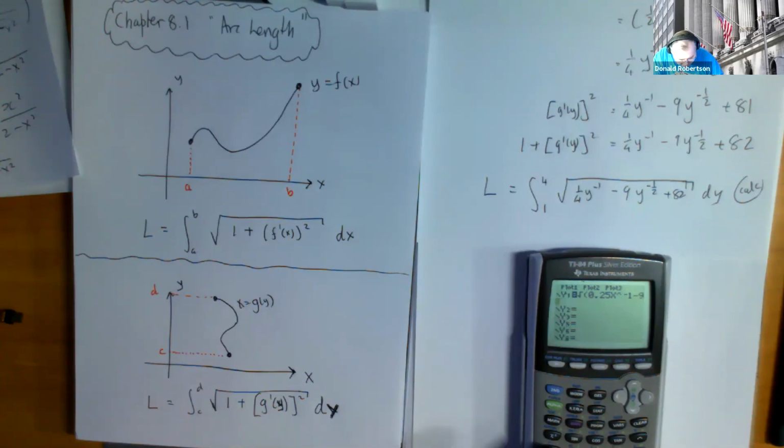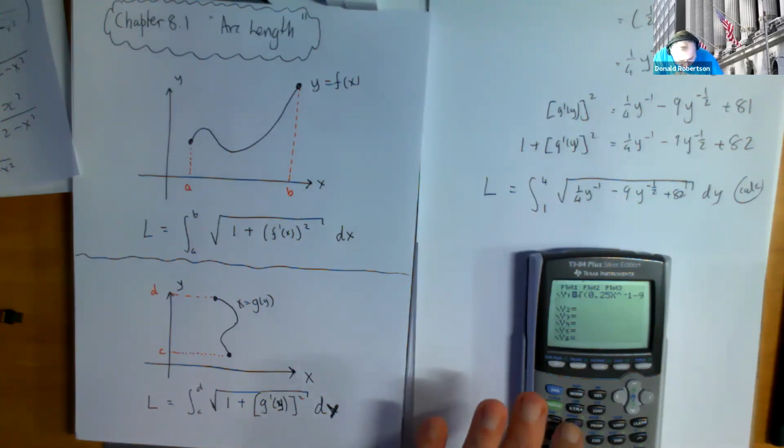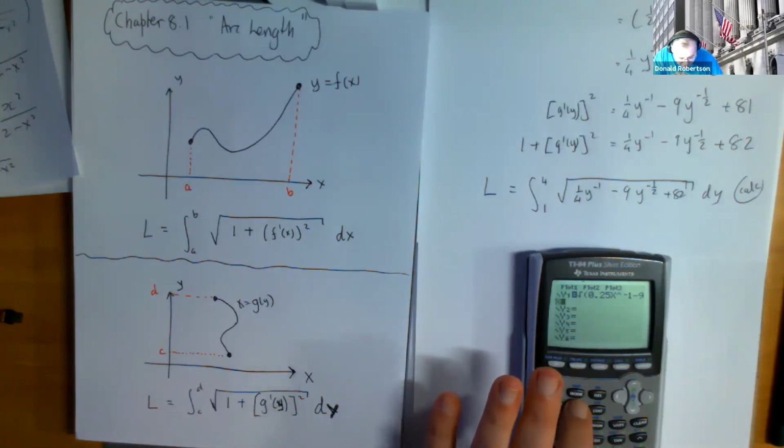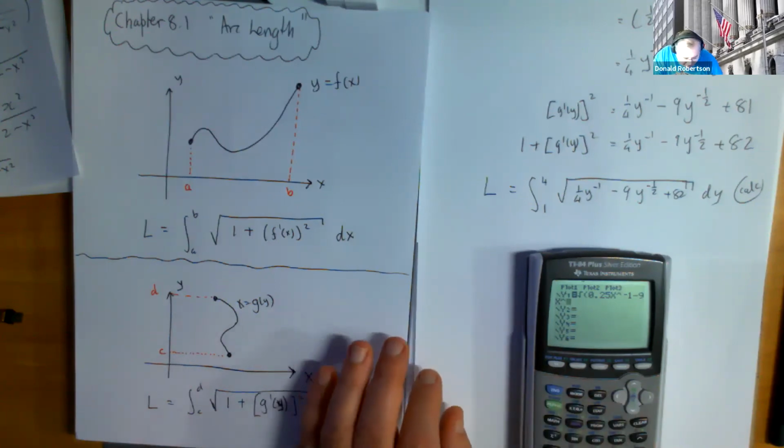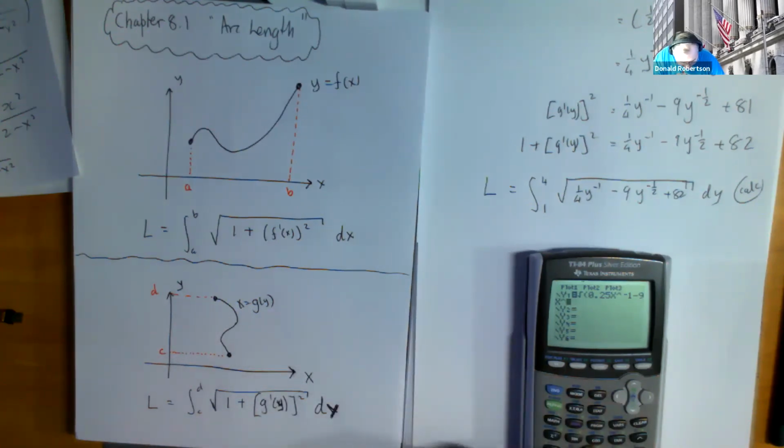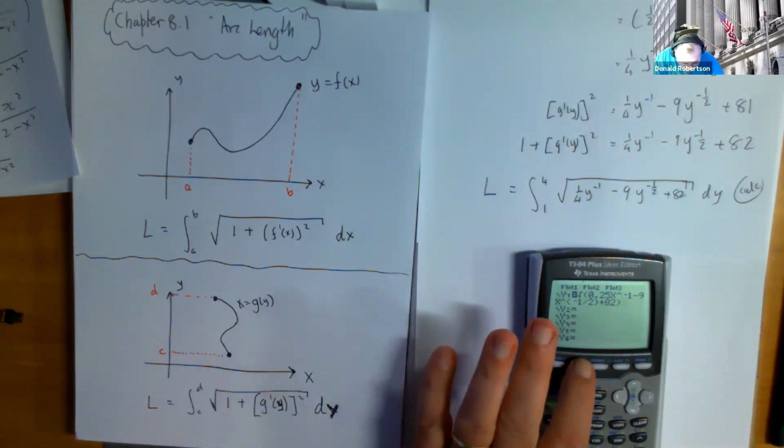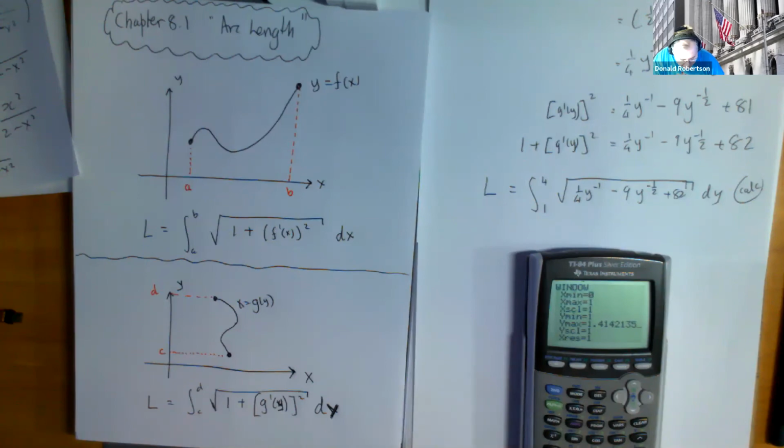Subtract 9y, that will become an x, to the power of -1/2, brackets, plus 82. Do a window from 1 to 4. Zoom 0. A bit of luck, it will show something.